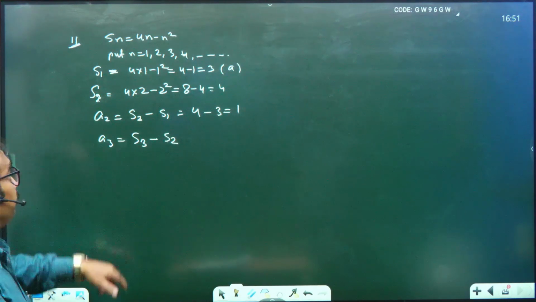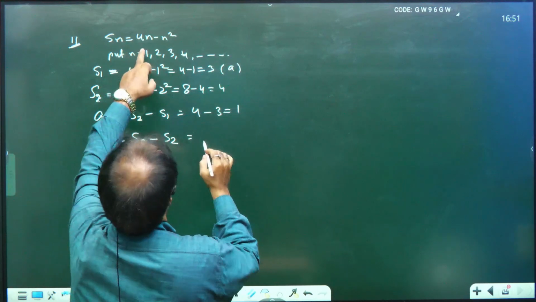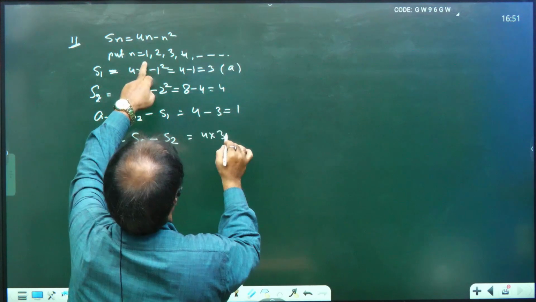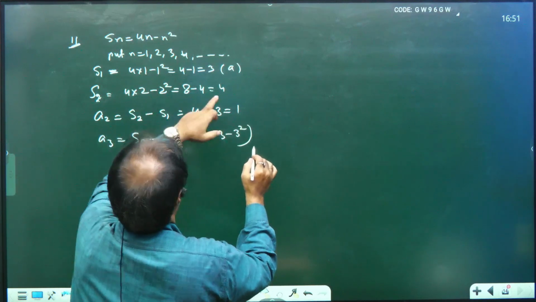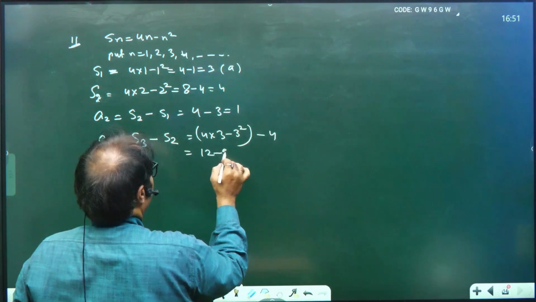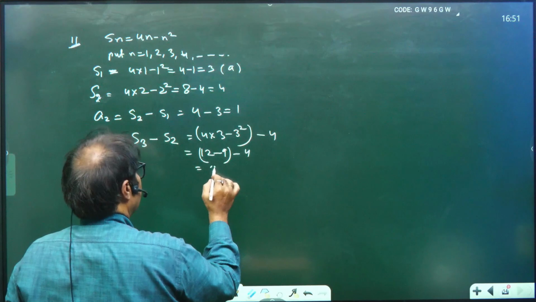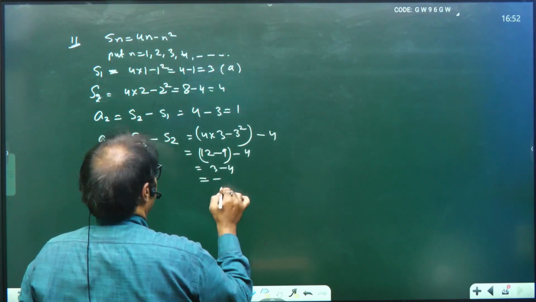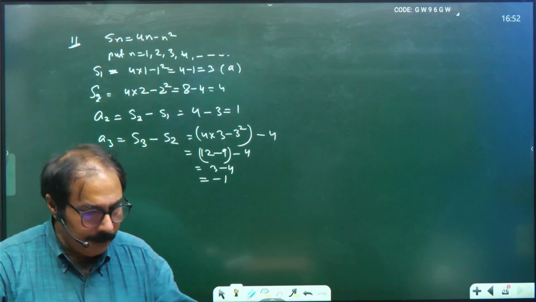Now calculate the value of S3. So this is 4 into 3 minus 3 square, and S2 we have already calculated, that is 4. So finally it is 12 minus 9 minus 4. So 12 minus 9 is 3, minus 4 equals minus 1. This is the value of A3, right?